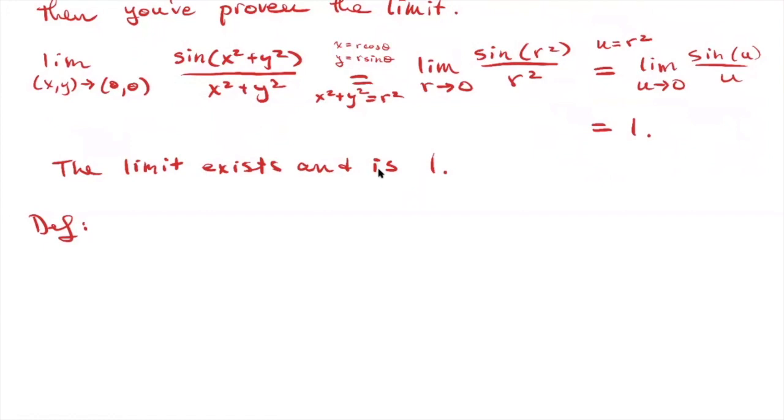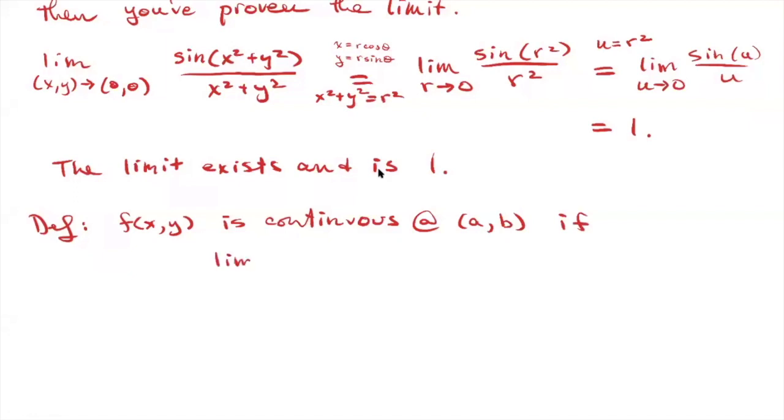So we could say f of x y is continuous at the point a b if the limit as x, y approaches a b of f of x y is equal to f of a b.